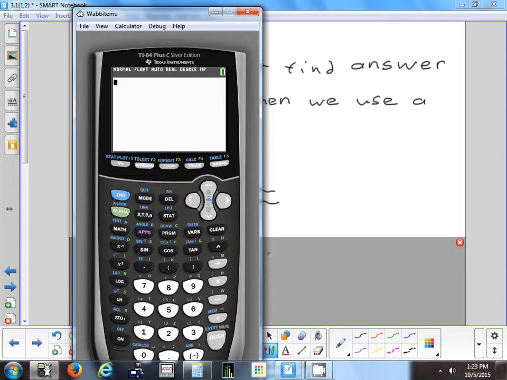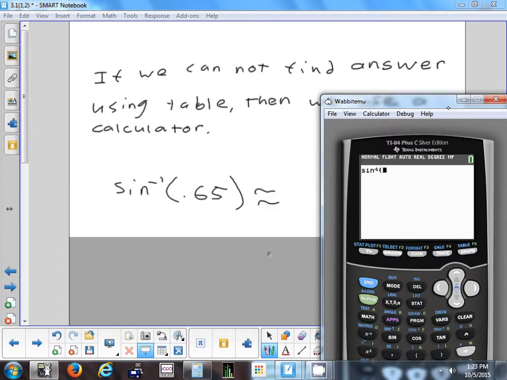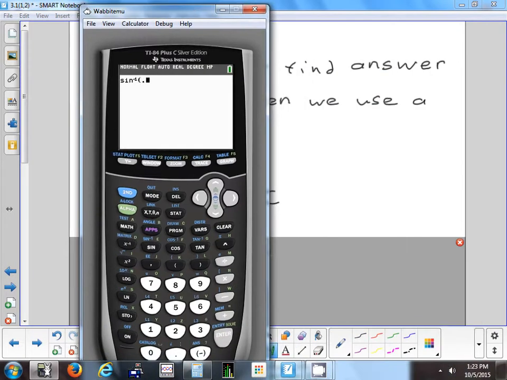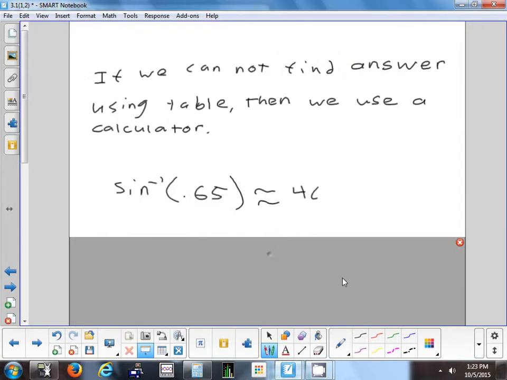What button do you have to press to get to the inverse functions? Yep, press second, and this time we want sine 0.65. Okay, and there's our answer: 40.54 degrees. I want everyone to understand, this right here is just a number, 0.65.